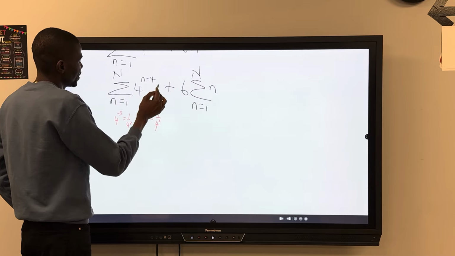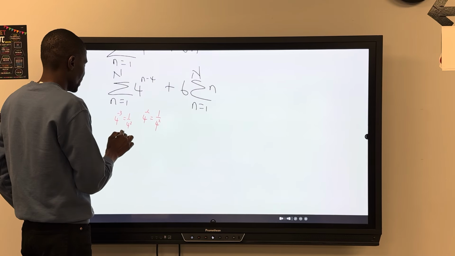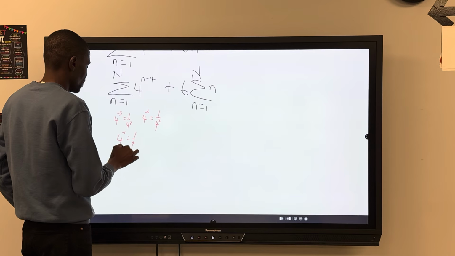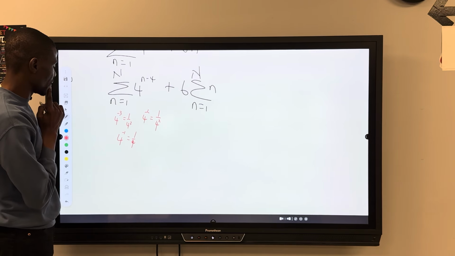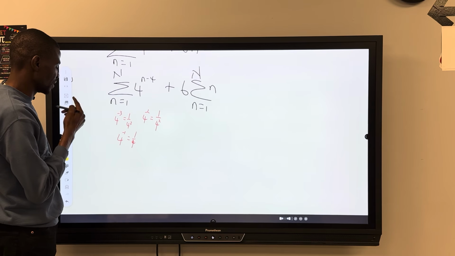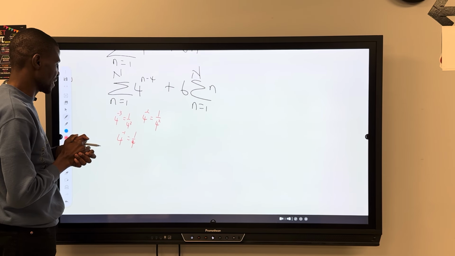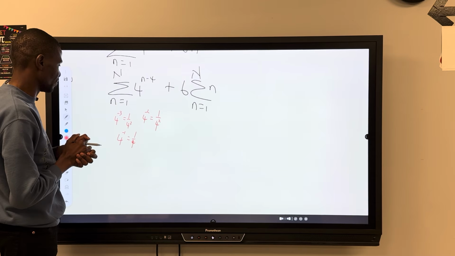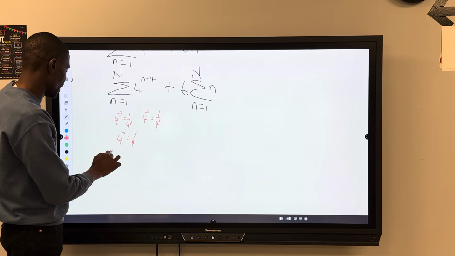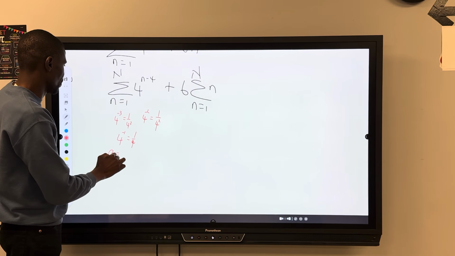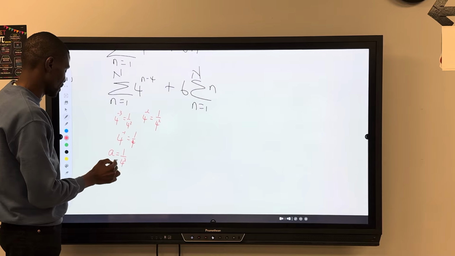Then when n is 3, it's 4 to the negative 1, which is 1 over 4. So the first term is our a, which is 1 over 4 cubed, which is 1 over 64.